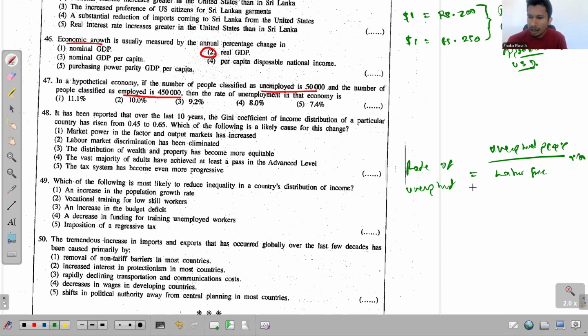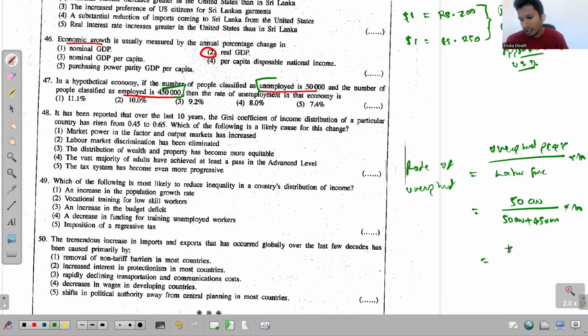multiplied by 100. As per the data given in the question, the unemployed population is just 50,000 and the labor force consists of both unemployed and employed people who are within the working age group and are ready to supply their labor for a certain economic benefit. So based on the data, you can take the total of 50,000 and 450,000 to be the labor force, and we multiply that by 100.